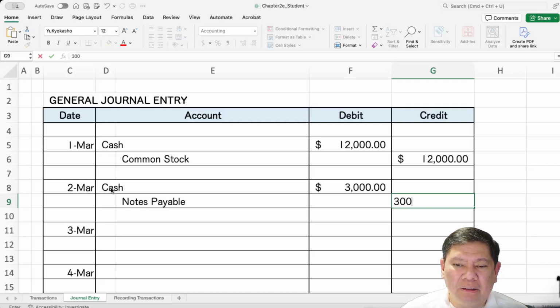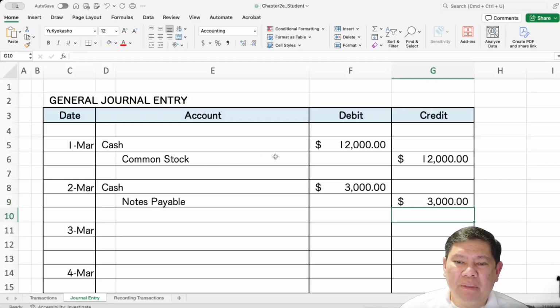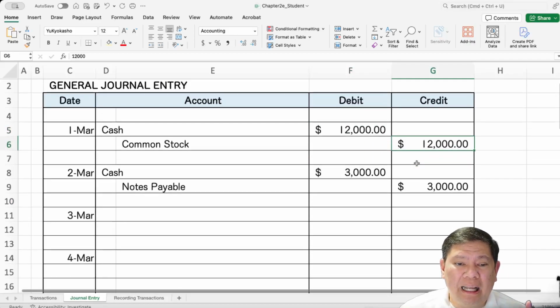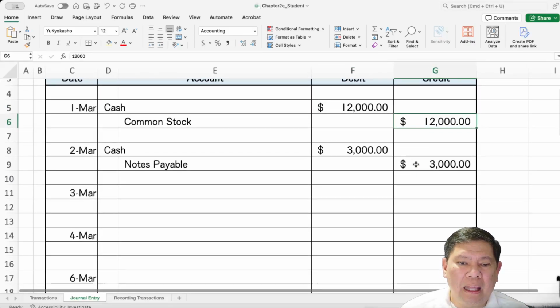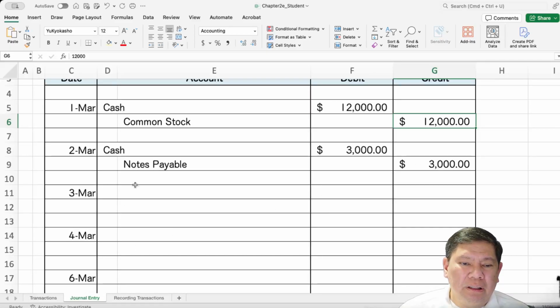Remember, left-hand side has to be the same as right-hand side. That's how we maintain the accounting equation. So you see the credit accounts are indented. That differentiates from the debit account.